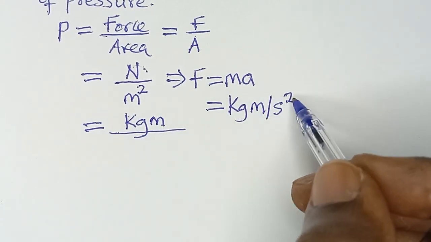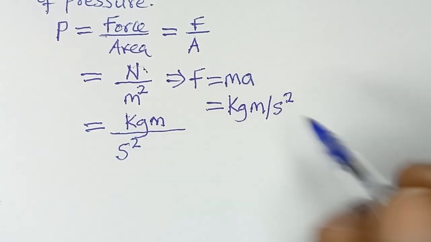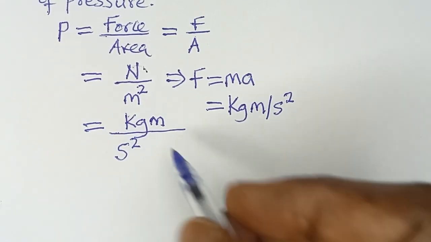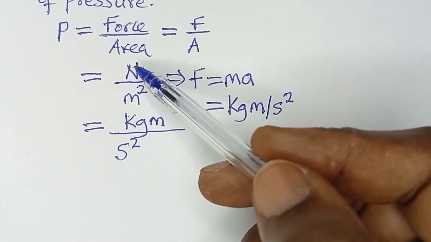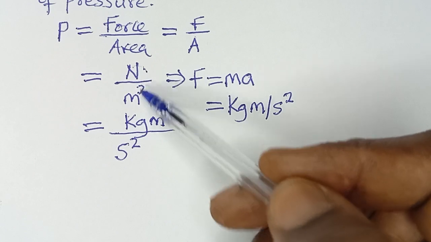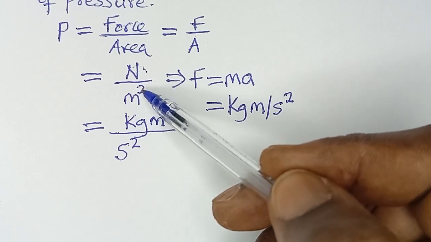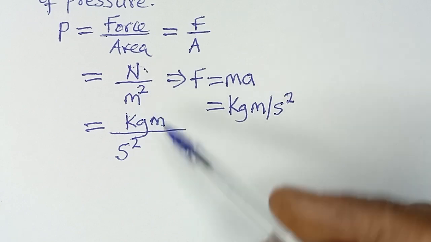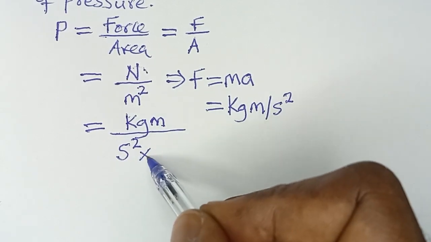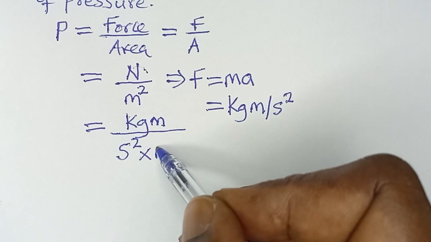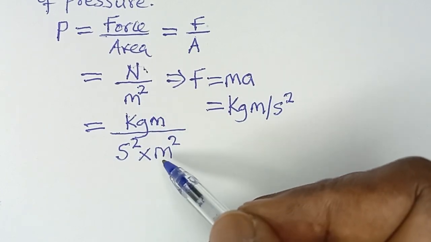So divided by second square. The second is also a fundamental unit for time. And then this pressure formula is saying Newton over meter square. So this meter square is the denominator. So we bring it down as a denominator here so that it can multiply the second square that we already have there. So this meter square down is brought here as well.